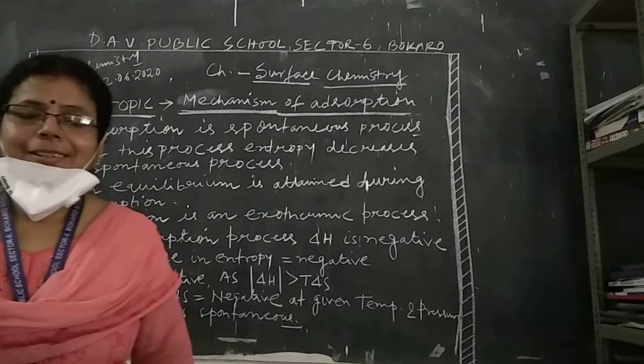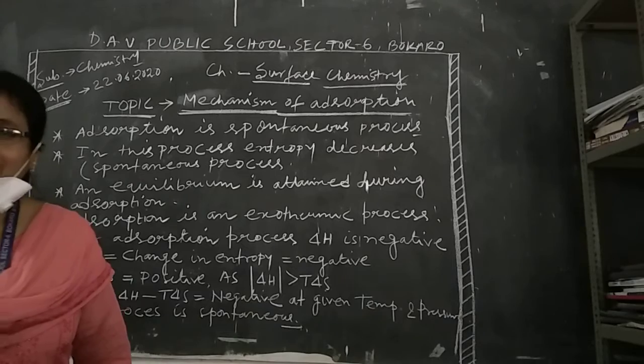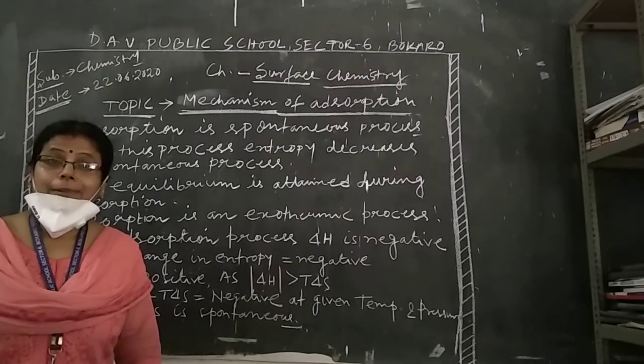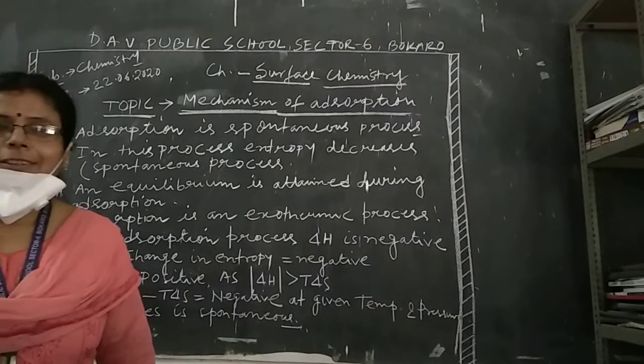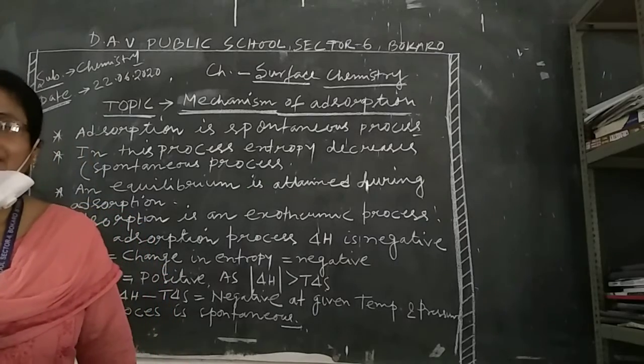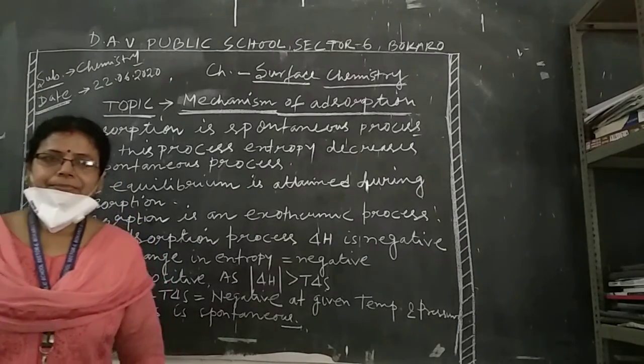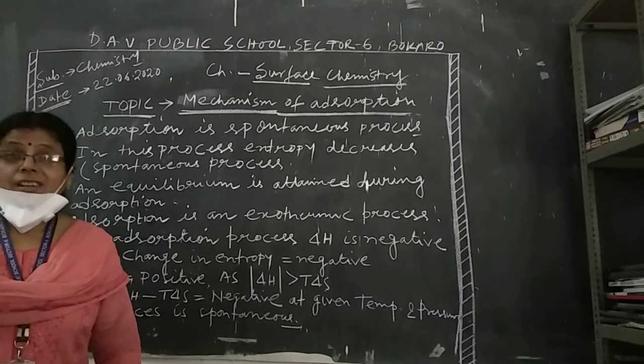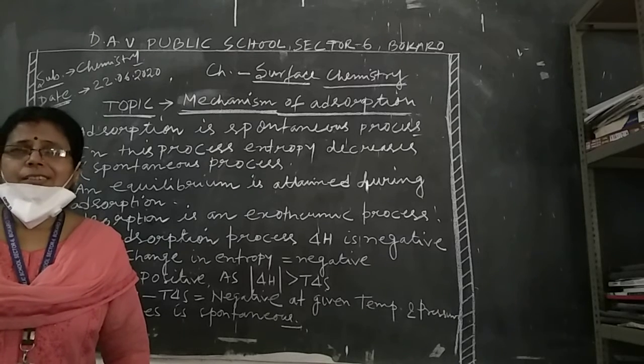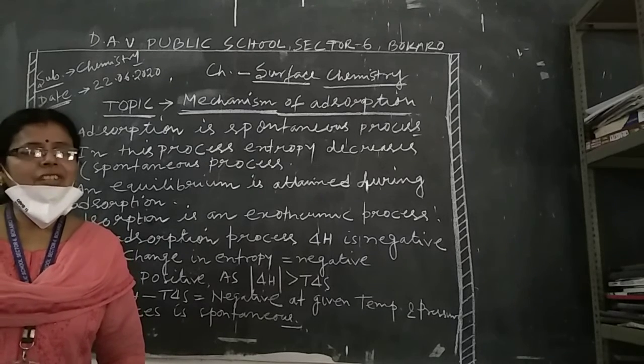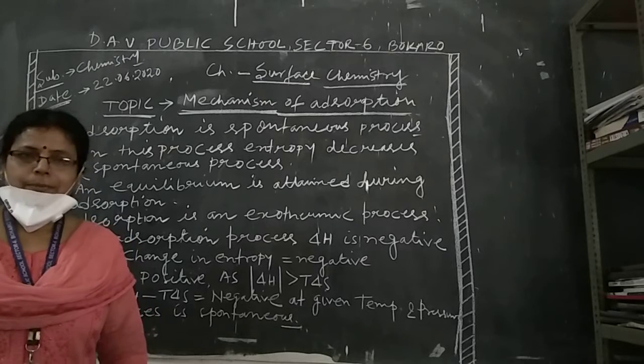I think, students, you have completed your notes and learned all the definitions and the basic concepts of the chapter Surface Chemistry. Why we study this chapter and the contents of the chapter, I also discussed in the first video.